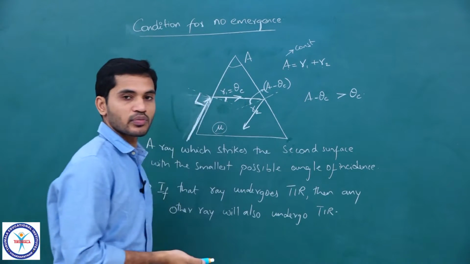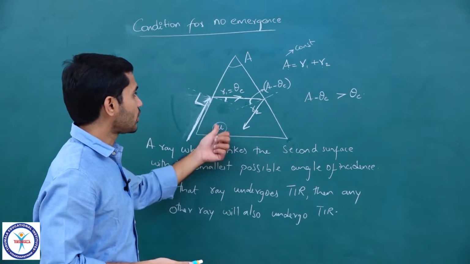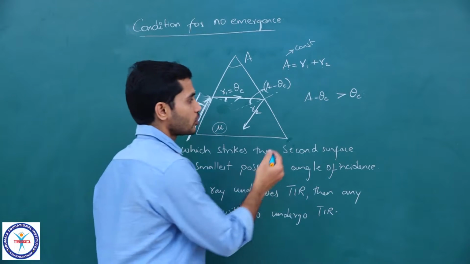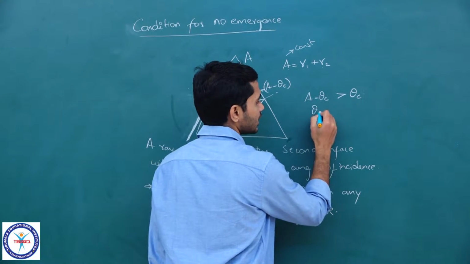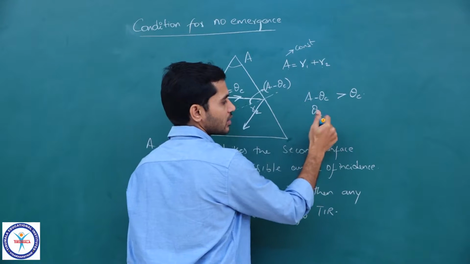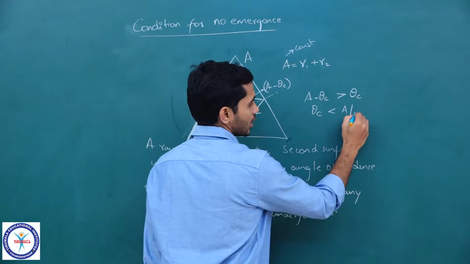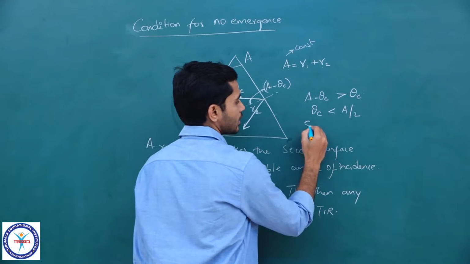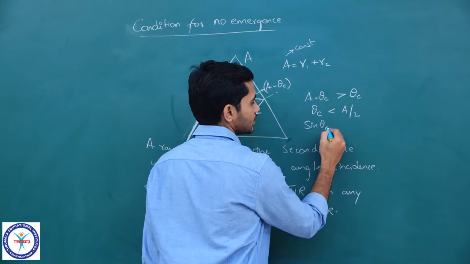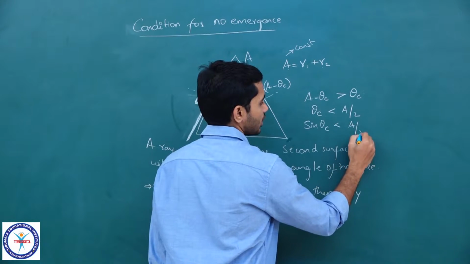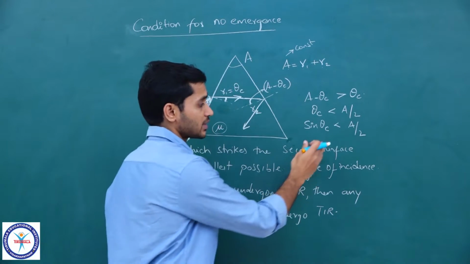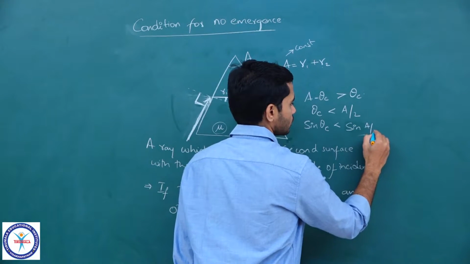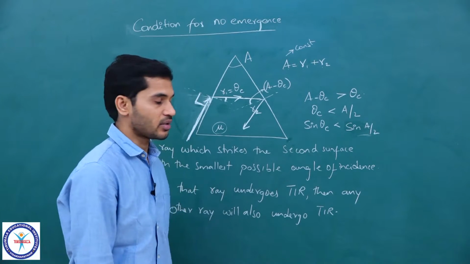So, that would be the condition for TIR, but we need to find the relation in terms of mu. So, I will rearrange this in terms of mu. Solving this gives me 2 theta c is lesser than A, or theta c is lesser than A by 2, and taking sine on both sides, I get sine theta c should be lesser than sine A by 2.